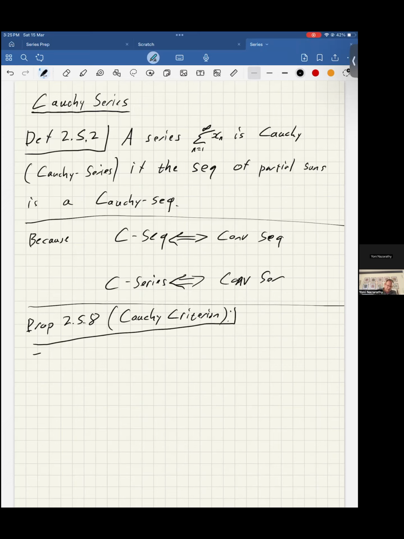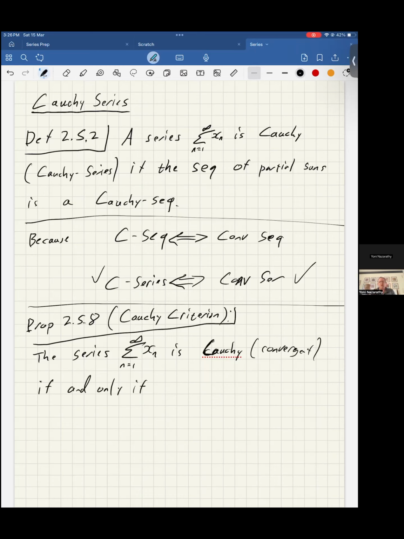So the series, let's write it again, n=1 to infinity of xn is Cauchy, and by this, it also means it's convergent, if and only if.